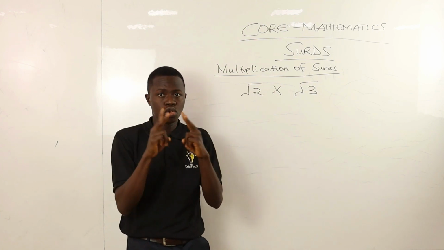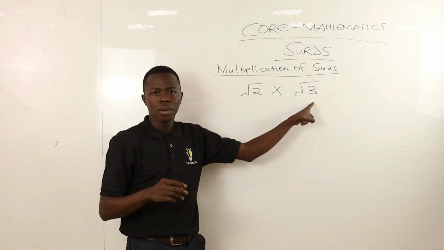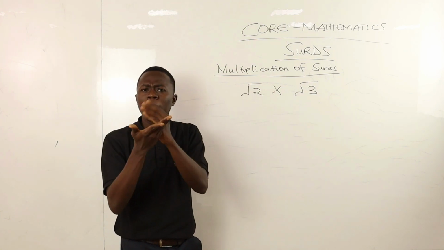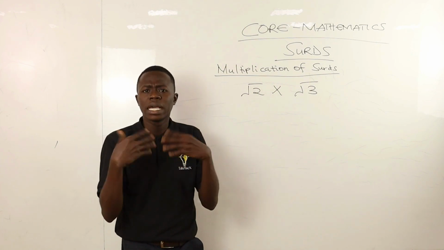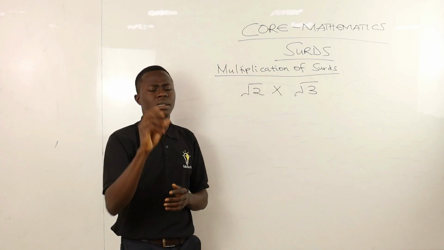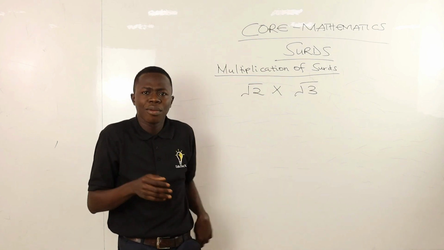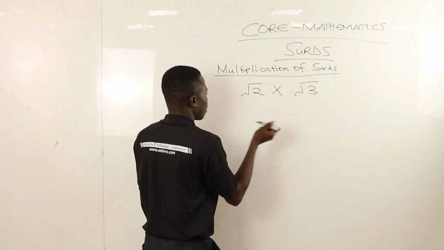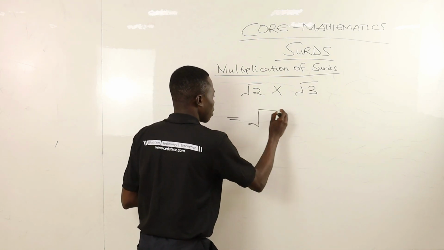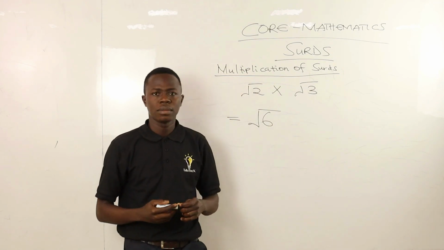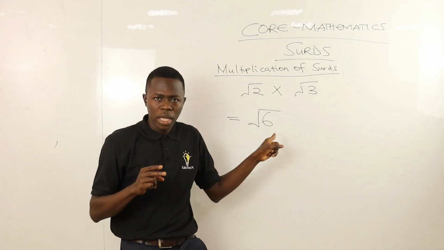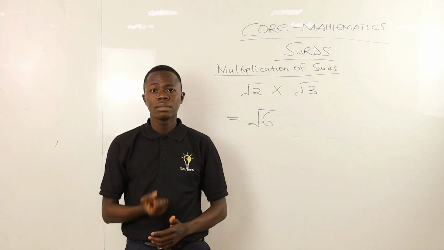We can multiply 2 by 3 and our answer will be 6. So we will end up having the answer to be square root of 6. This is actually how to solve it.